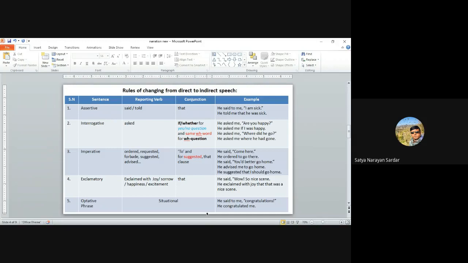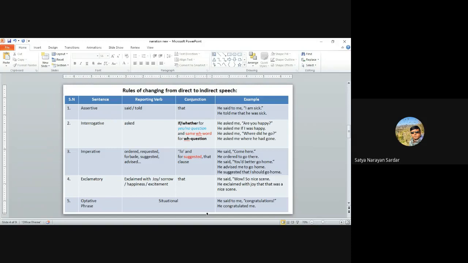Example: He said to me, "I am sick." He told me that he was sick. Number two, interrogative sentence. We know there are three types of interrogative sentences: the yes-no question that starts from auxiliary verbs, the WH question, and similarly one more, the question tag.